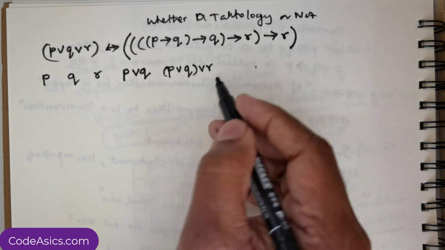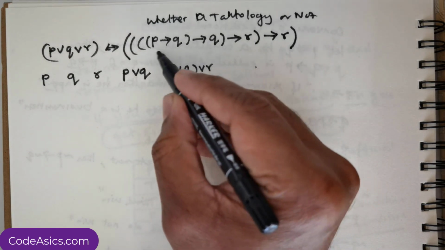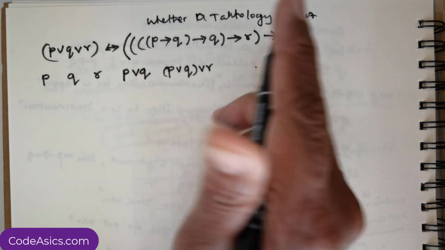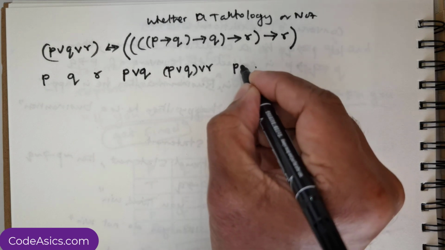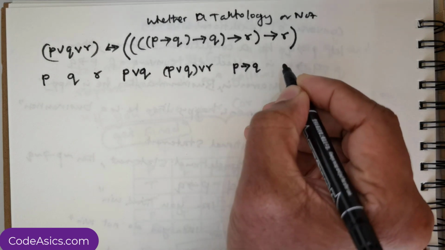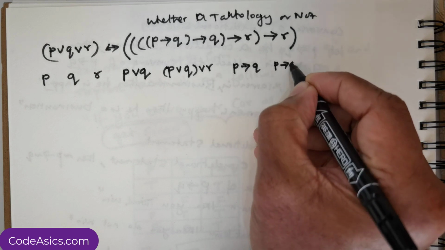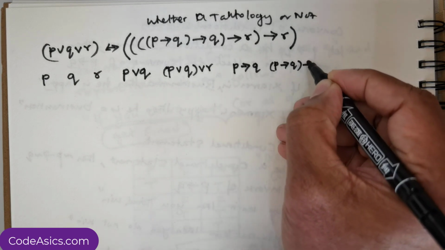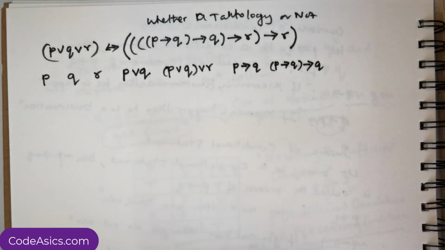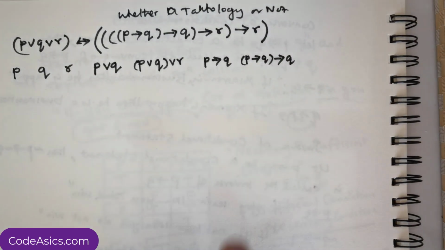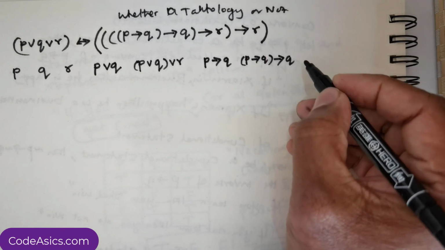Now next we will have to obtain the conditional values for this P conditional Q, and then I will have to find P conditional Q, and after that I have to take this, right?